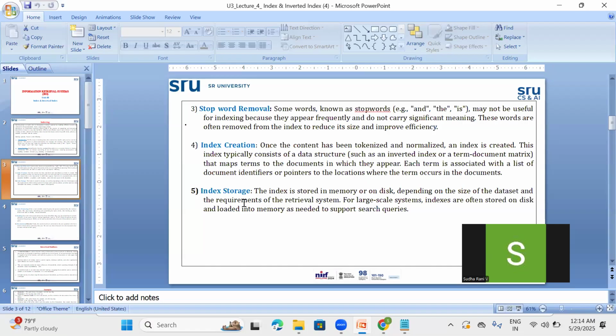Once the content has been tokenized and normalized, an index is created. This index typically consists of data structures. Next, index storage. The index is stored in memory or on disk, depending on the size of the data sets and the requirements of the retrieval system. For large-scale systems, indexes are often stored on disk and loaded into memory as needed to support each query.